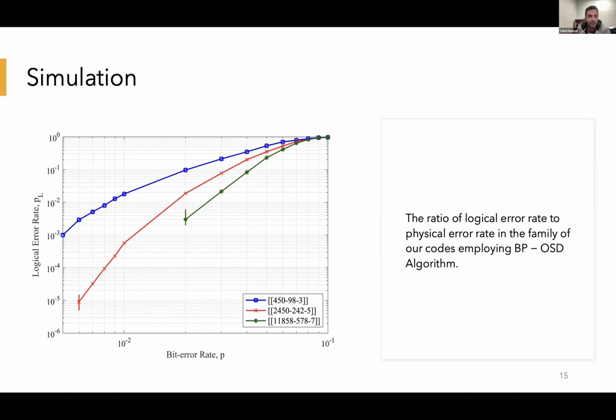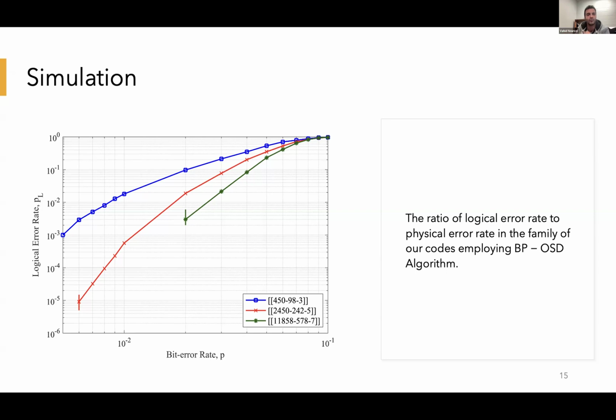We must define a physical error rate, because when we have a circuit, we have some noise that makes errors, and we define it as the physical error rate. After simulation, we look at what is happening to the logical qubits that we send in the circuit.